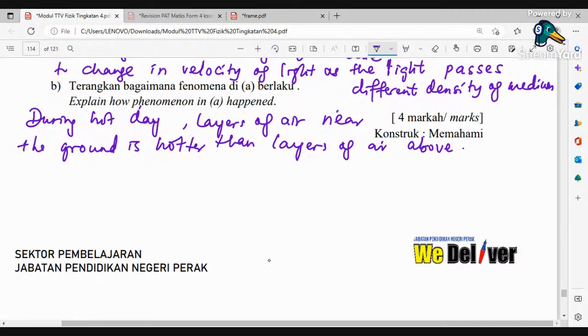Second, hot air is less dense than cold air.